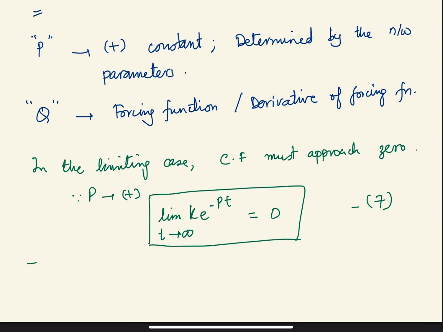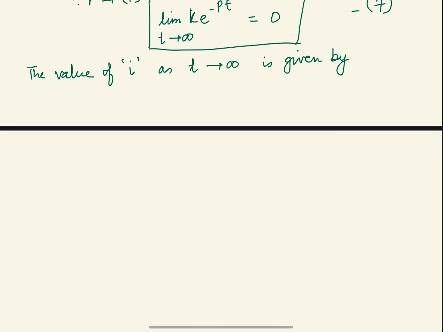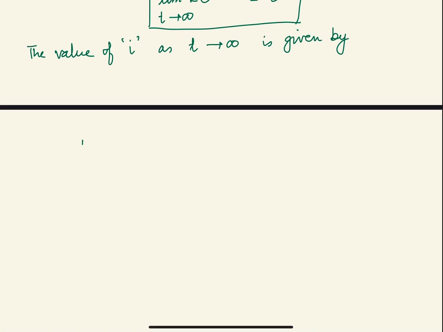And the value of I, that is the current, as time approaches infinity is given by I of infinity, which is equal to limit t tending to infinity of I of t.